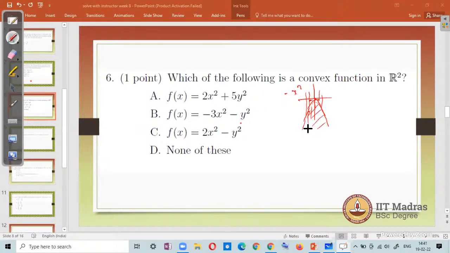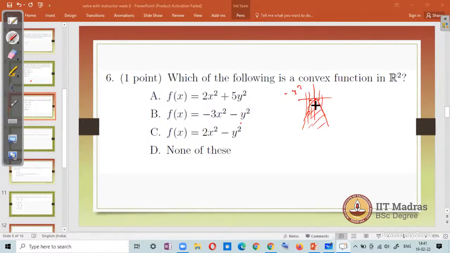The function is not a convex function, but the set is a convex set, right? This area, yeah, you are saying, this is a convex set. Okay, yes, that is what I'm asking. No, I don't think so.